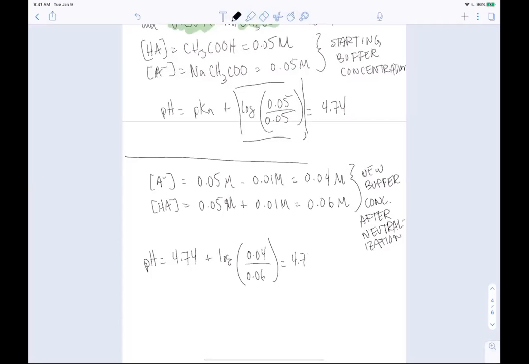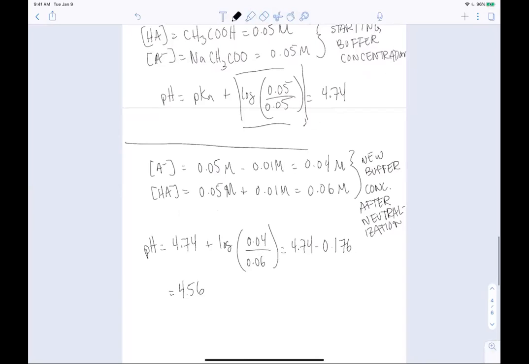So this ends up being 4.74 minus 0.176. So our pH ends up being 4.56.